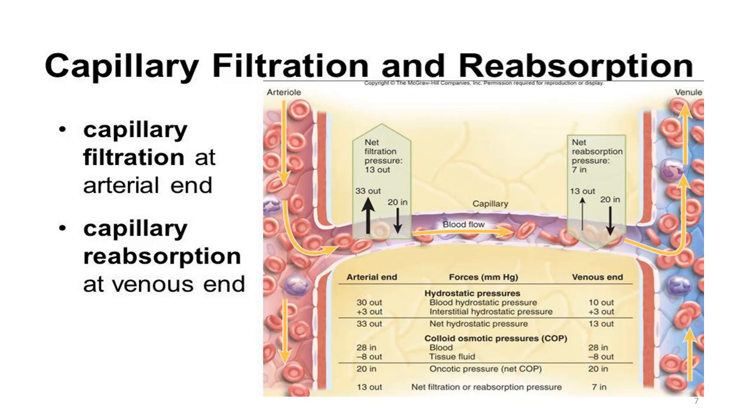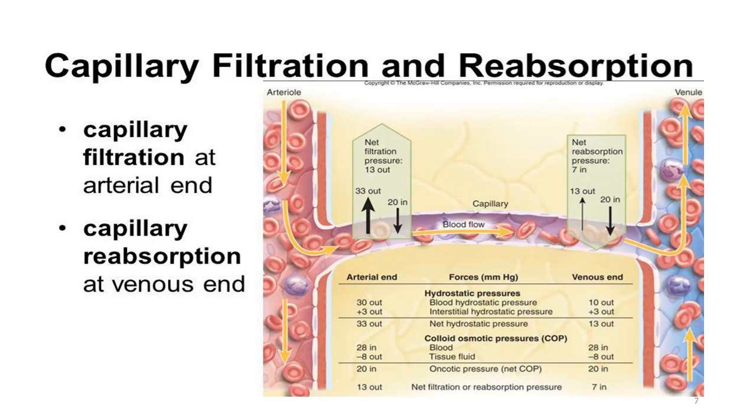The other hydrostatic pressure is the pressure of interstitial fluid. Your interstitial hydrostatic pressure is 3 millimeter mercury, and this 3 millimeter mercury is in addition to the 30 millimeter mercury. So the hydrostatic pressure in the capillary is 30, and in the interstitial fluid is 3.